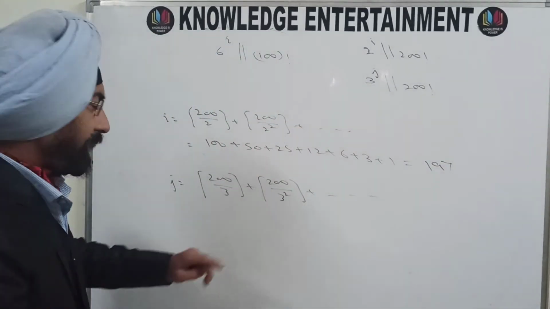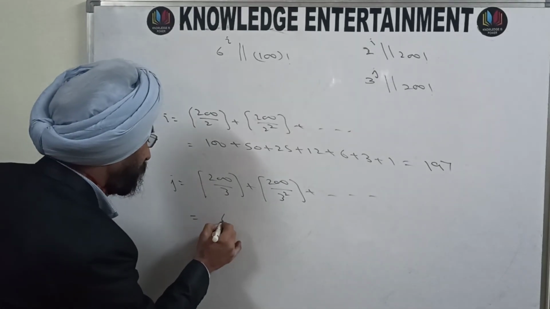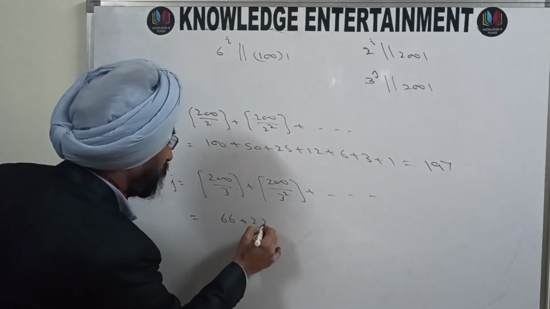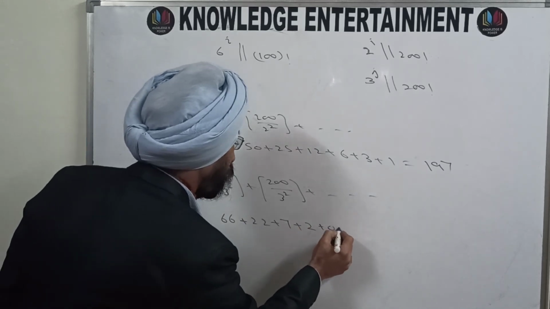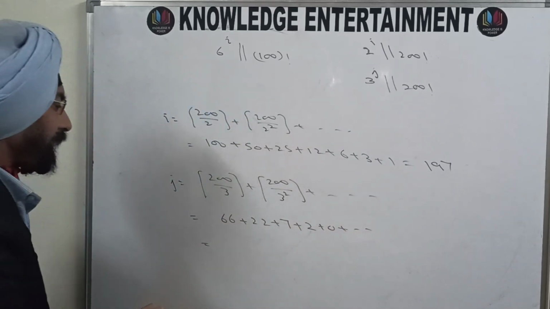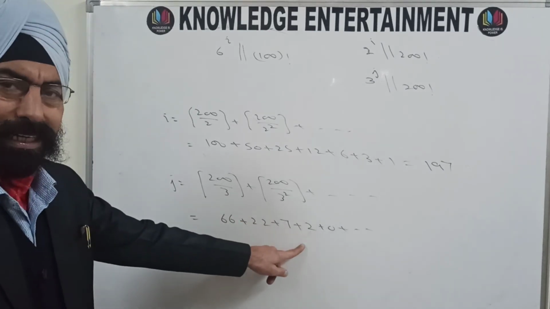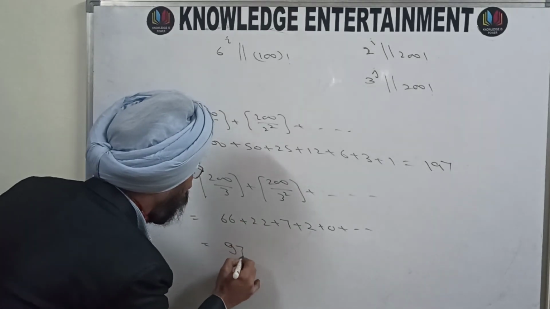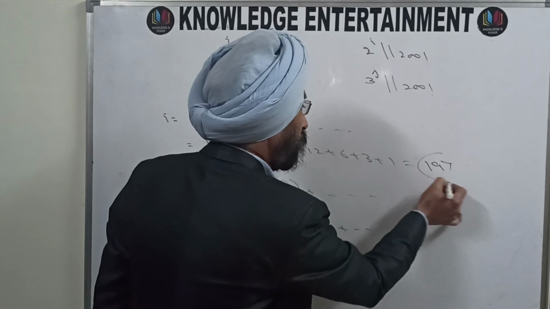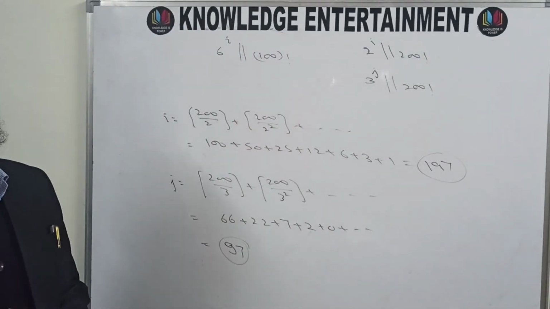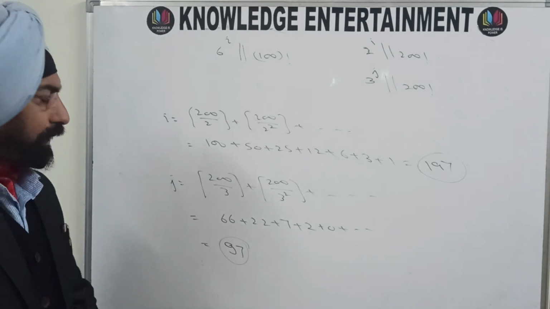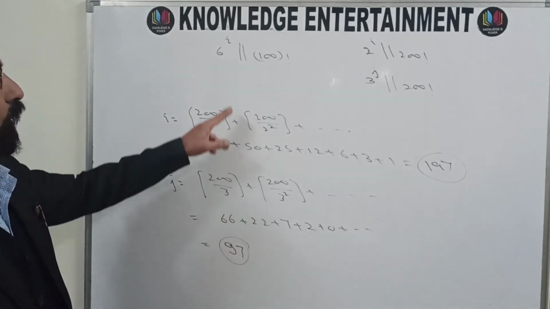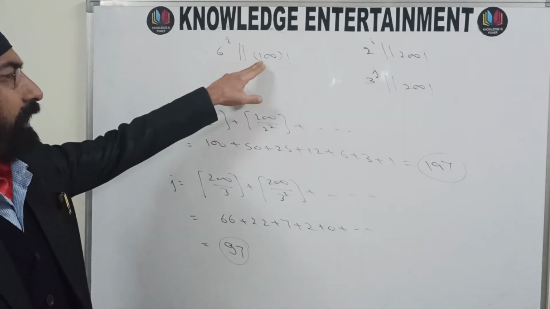In the second case you will get 66 plus 22 plus 7 plus 2 plus rest of the terms will become 0. So it is 88 plus 9, so 97. Out of these two, 197 and 97, what is minimum? The minimum is 97.